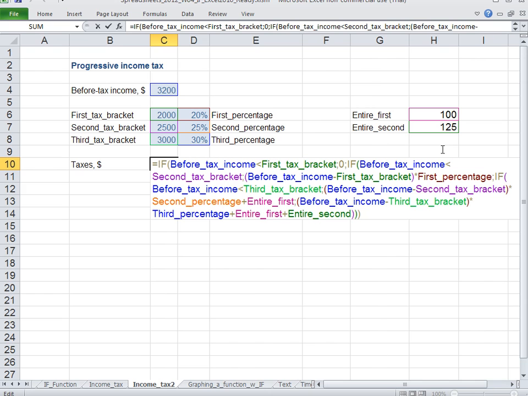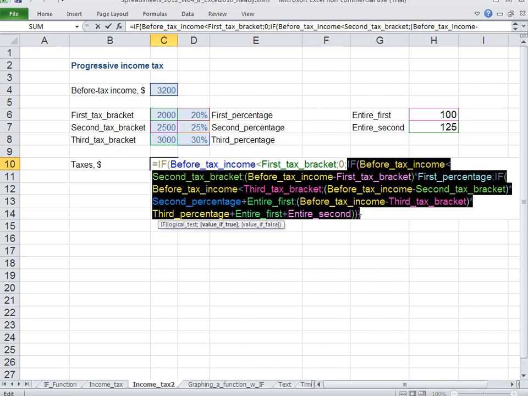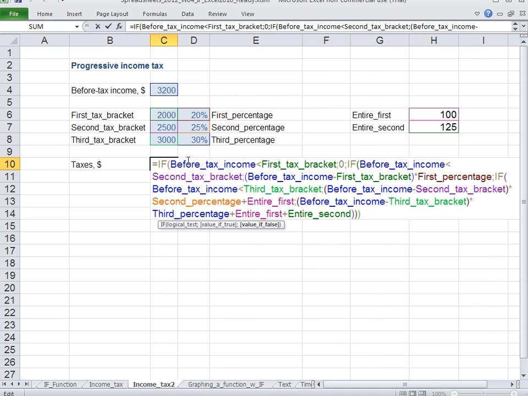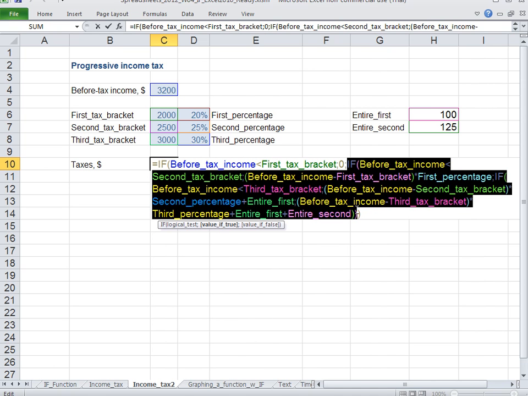And now let's go over it one more time. This is the first if. It has a comparison. It gives a formula if it checks out. And the second and third if are entirely the third parameter, the third part of the first if. So the first if has the first part, second part, and the third part consists of all these second and third ifs.